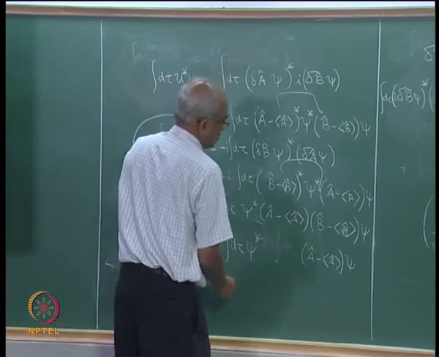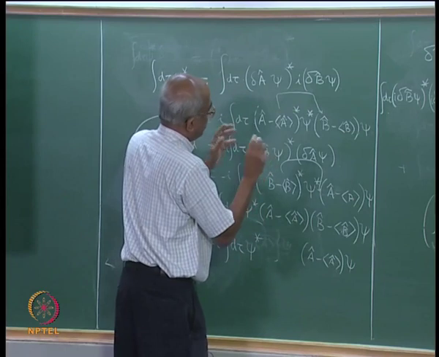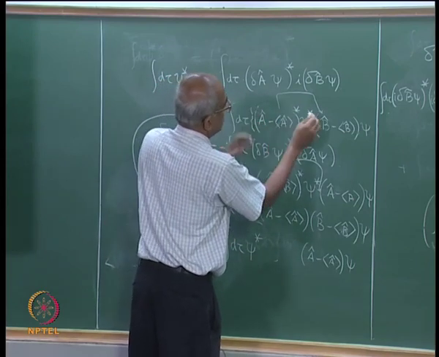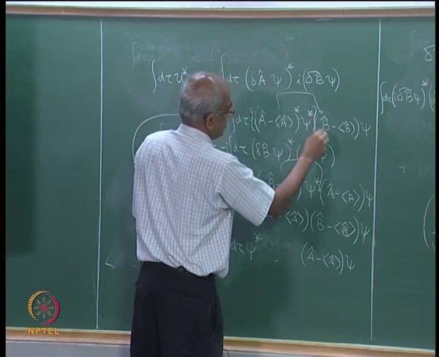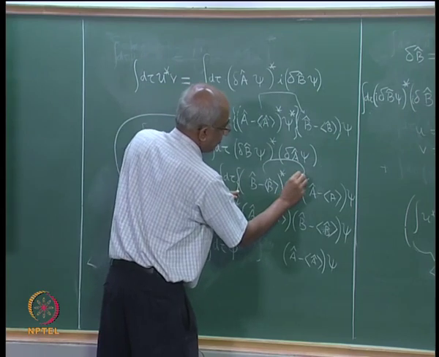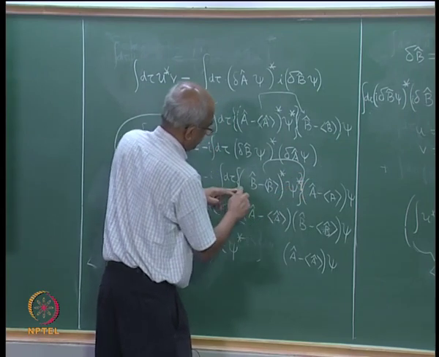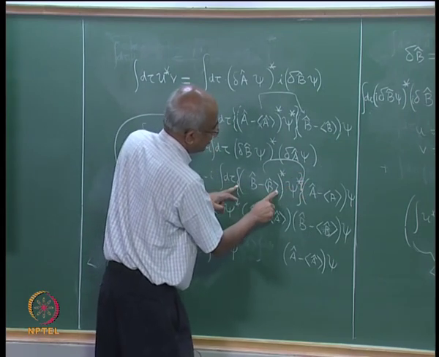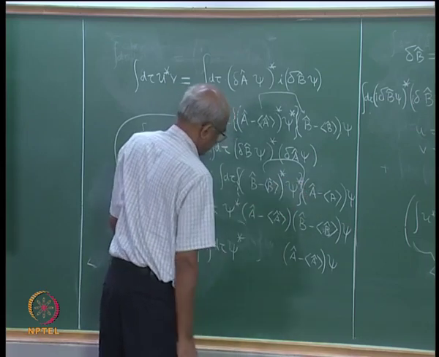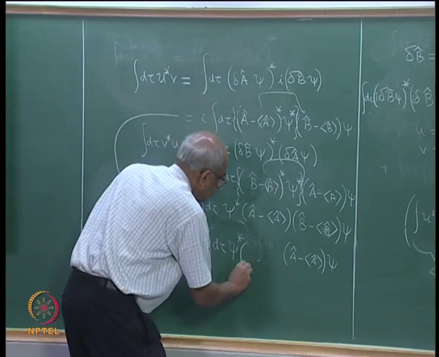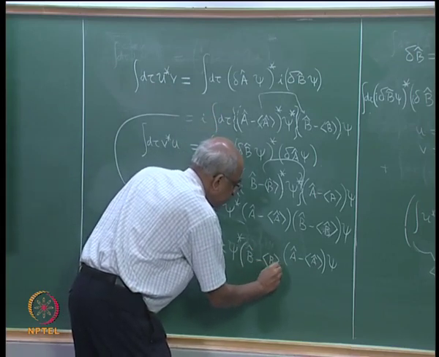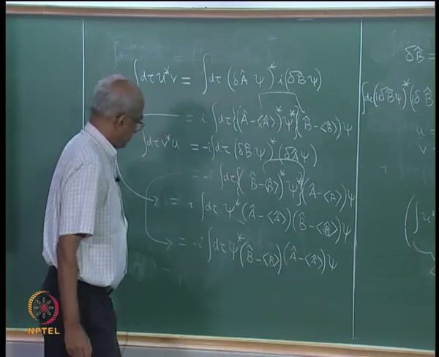And well, to be actually very clear, I should put a bracket here, because this operator is operating only upon this part, and this operator again is operating only here. So, therefore, when you transfer it, it is going from here and getting operated on that point. So, that is what happens.